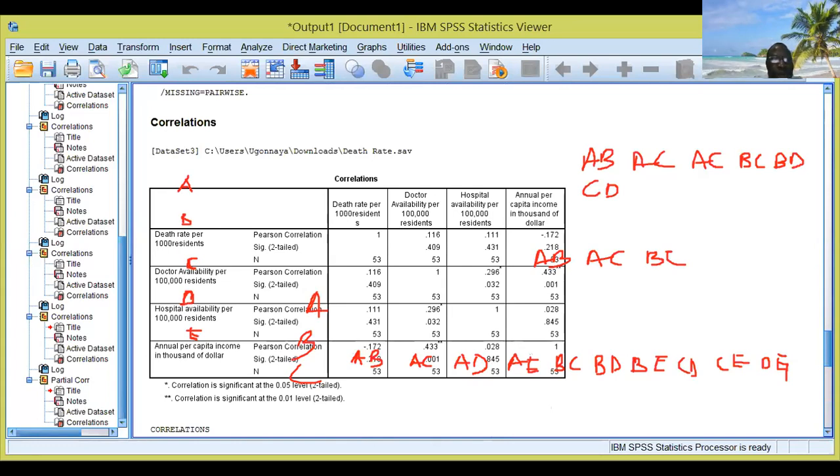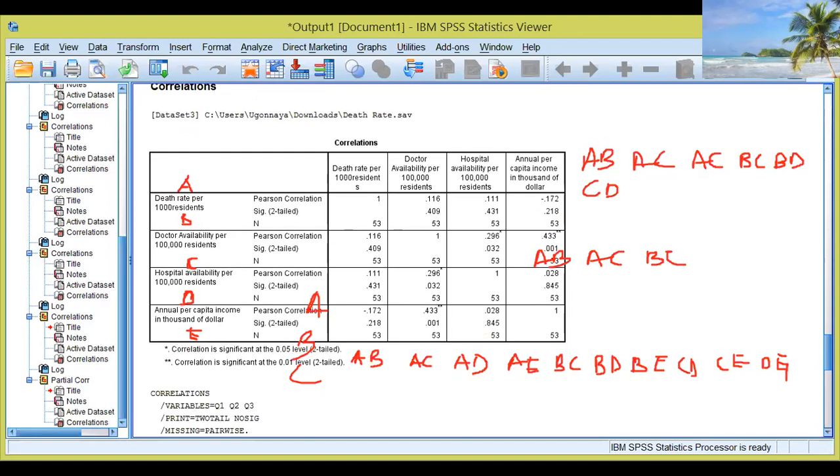Annual per capita income and death rate was minus 0.172. Now it is minus 0.143. So it has removed the effect of population density.